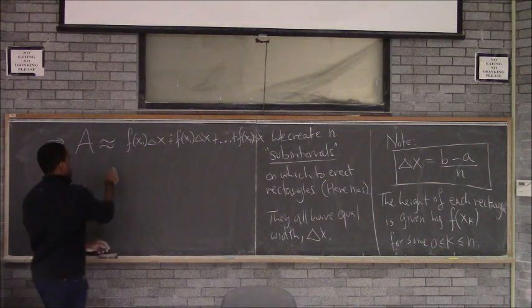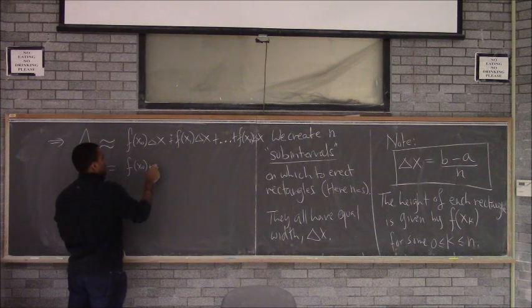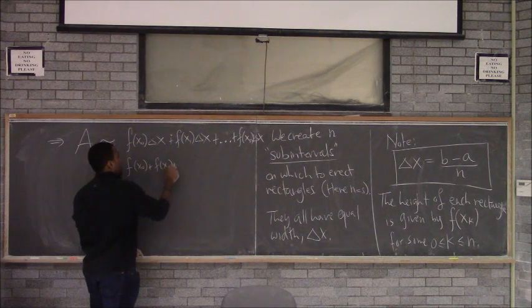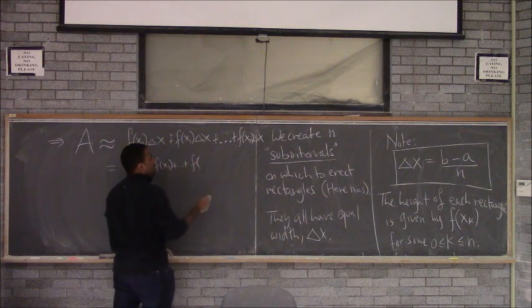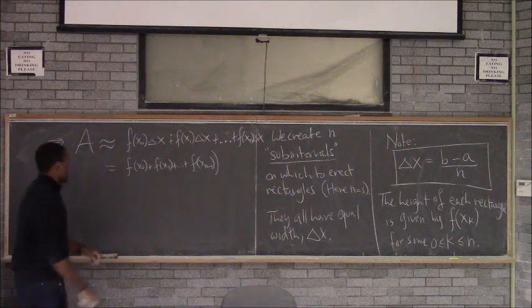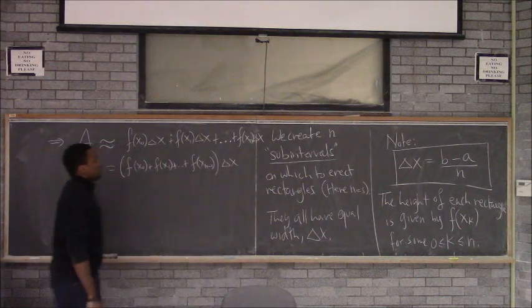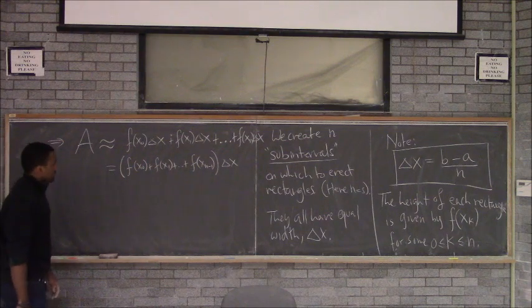Of course, you'll notice here that this is just f of x0 plus f of x1 plus all the way up to f of, well, technically this would be n minus 1 in the example that I did here, times delta x.